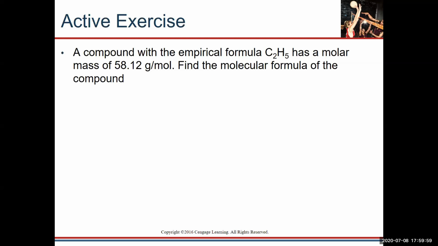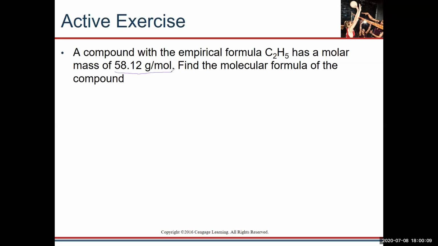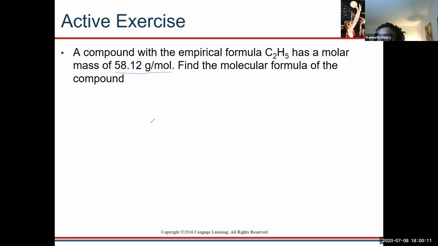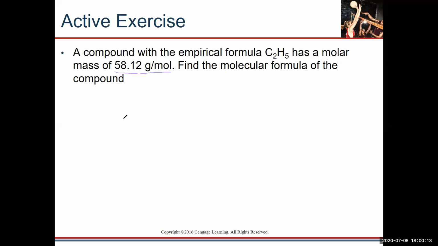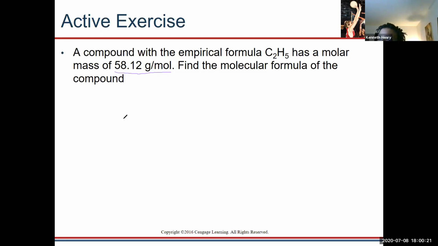We know that we have the mass of 58.12 grams per mole. That's the main thing we're going to focus on right now. For that, we have to find out what element contains that. So then what are we going to do?